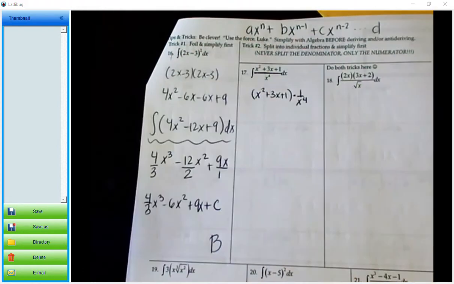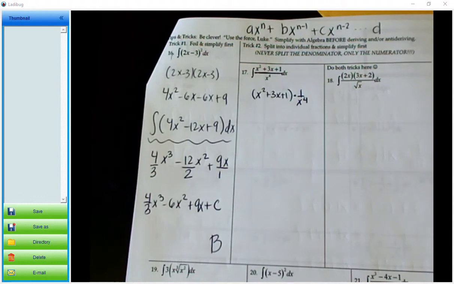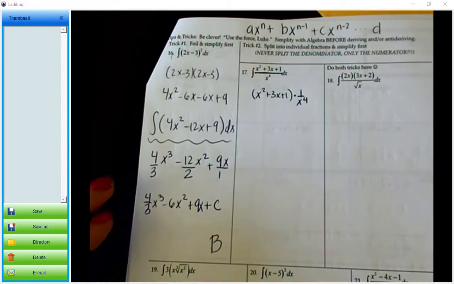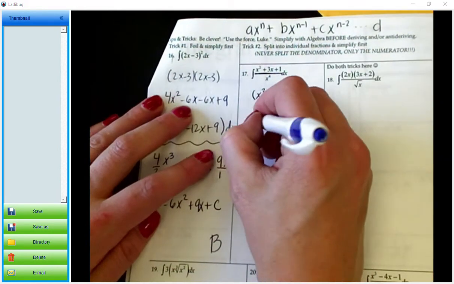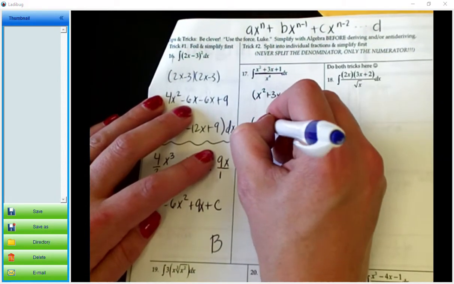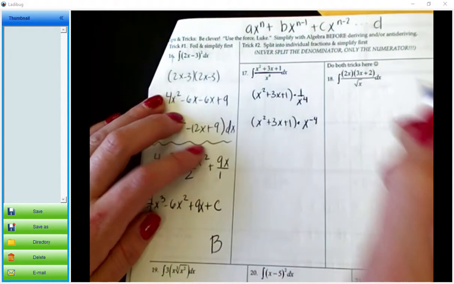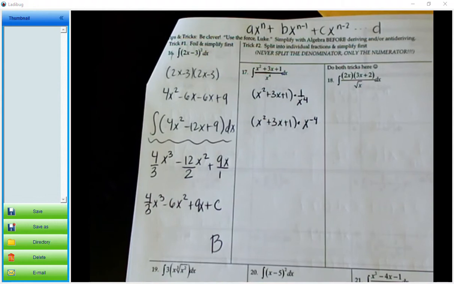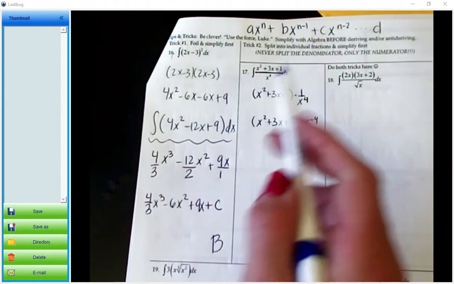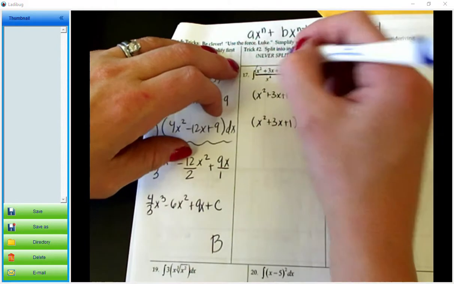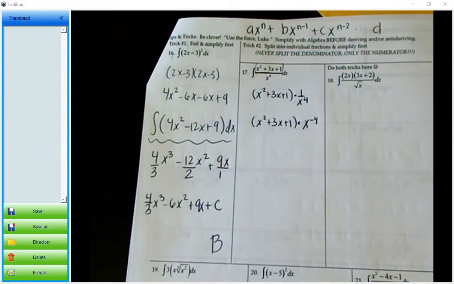You should be like, okay, that makes sense, right? The whole thing was divided by x to the fourth, which is the same thing as multiplying by the reciprocal. But instead of writing it like this, I'm going to write it like this, x to the negative fourth. The only reason I get to keep those grouping symbols is because that divide was for all of those three pieces in the numerator because of how long that division bar was.